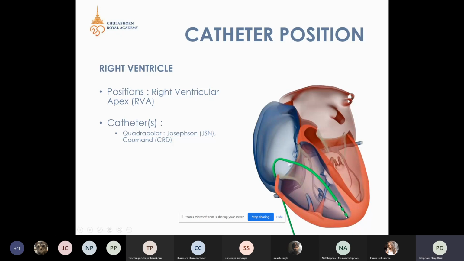So if the doctor needs to stabilize the catheter, the RV apex is the most suitable position or location of the RV catheter to place on.